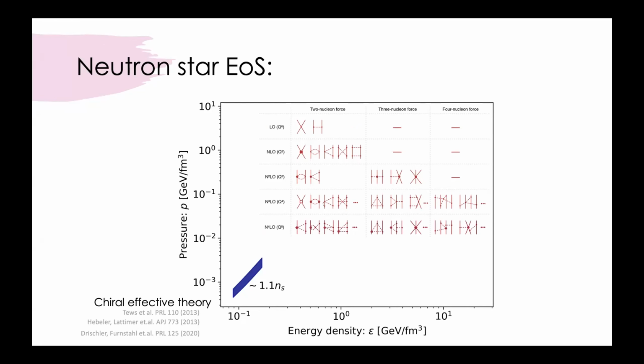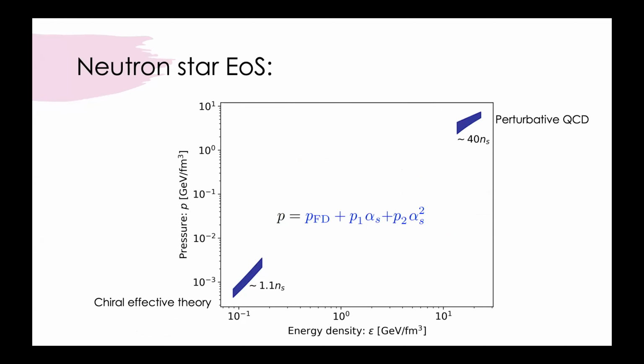Now, from my point of view, I've been working a lot on the perturbative side, trying to come and meet the equation of state from the very high density region using perturbation theory. In perturbation theory, what you do is you start from a gas of free fermions, and then you expand in the QCD coupling.